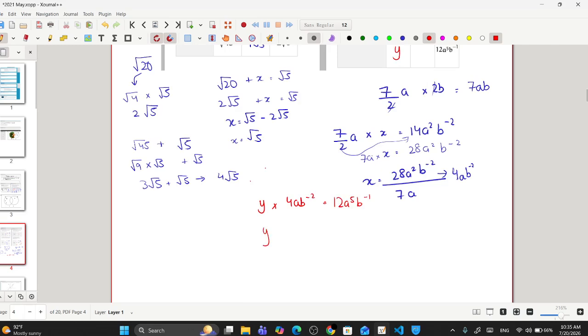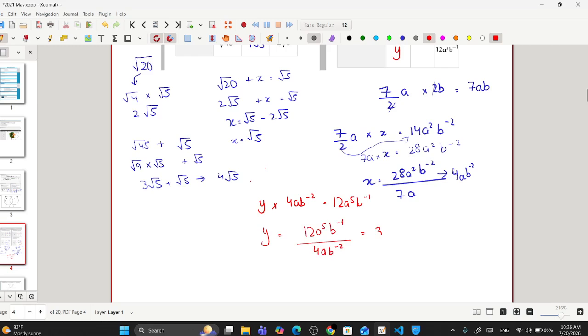So y equals 12a raised to the power of 5 b raised to the power of negative 1 divided by 4ab raised to the power of negative 2, because on the other side of the equation it divides. 12 over 4 becomes 3.